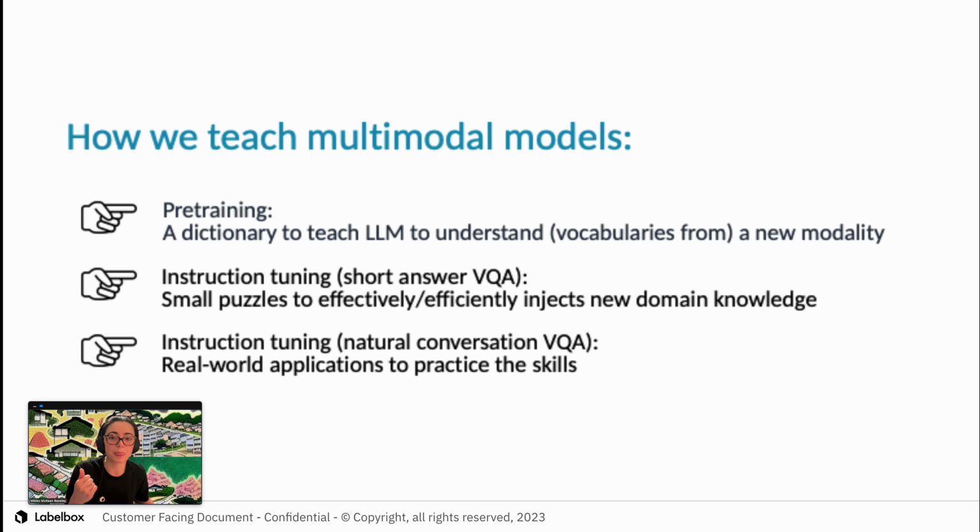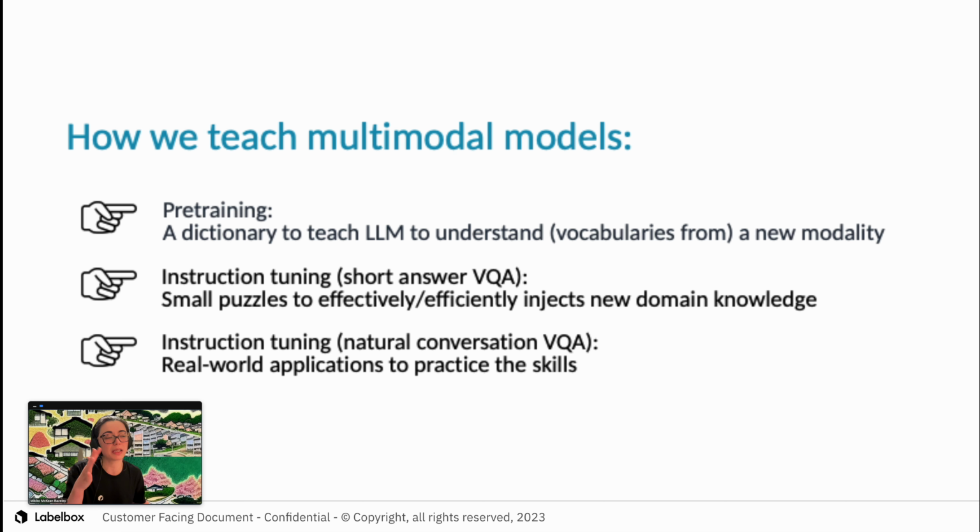The second stage is the instruction tuning stage, and we think of it as two parts: short answer visual question answering, and natural conversation VQA. For the short answer VQA component, the purpose is to inject specific domain knowledge efficiently. The purpose of natural conversation VQA is to practice and refine the model's skills in a real world application.